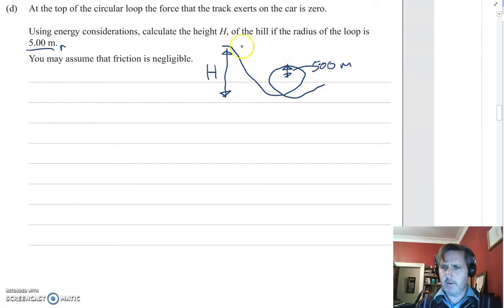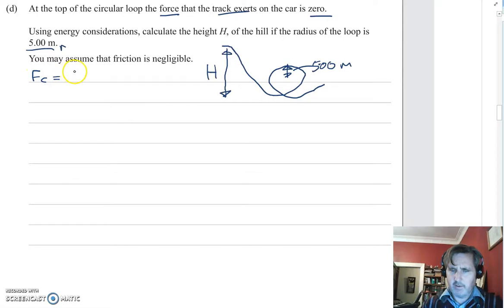Okay, and we know at the top here, top of the circular loop, the force that the track exerts on the car is 0. Now, what actually happens, and we said this before, is the centripetal force is equal to the force of the support plus the force of gravity. Now, of course, these are vectors, so you don't just add that. You have to take into account the direction they're going.